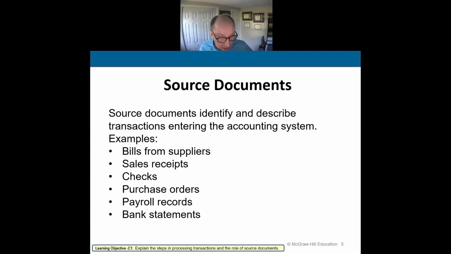On the invoice, the bill from my vendor, it says, hey, we delivered it on this date. Here's the quantity, the shipping, the total amount at the very bottom.